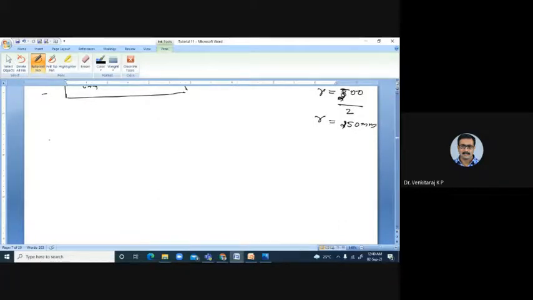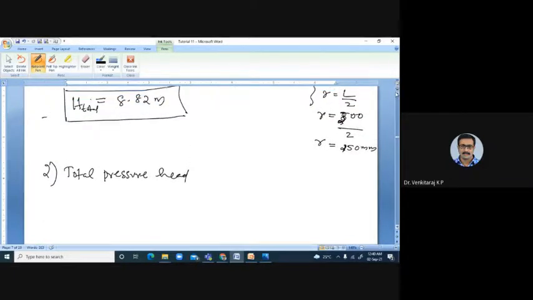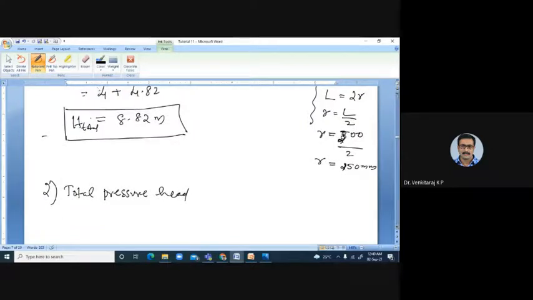Now let us find the total pressure head. And one more thing we can say, this is 8.82 meter. This is the gauge suction vacuum negative value vacuum pressure, or you can express this in absolute value by 10.3 minus 8.82. If you take, so this is atmospheric pressure head, HATM is 10.3 meters of water.